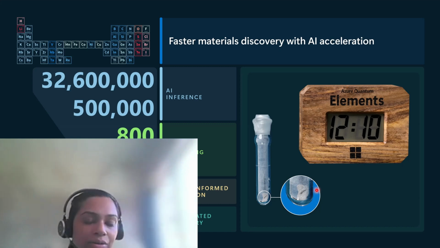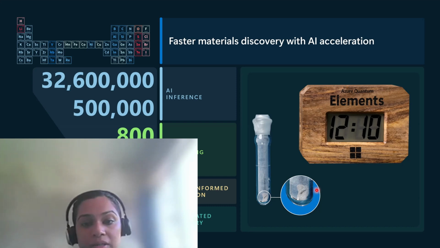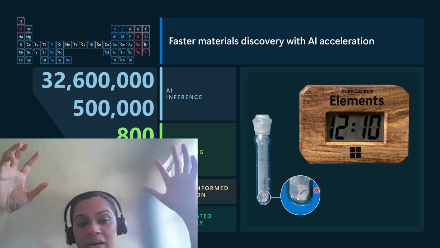Now that accuracy can be brought through specific, purpose-built AI models, through the scale of HPC on which those models could run, and means like accelerated DFT, accelerated chemistry, or also through quantum, right? Because quantum can bring accuracy to the space. Like you remember, I was talking about active space.